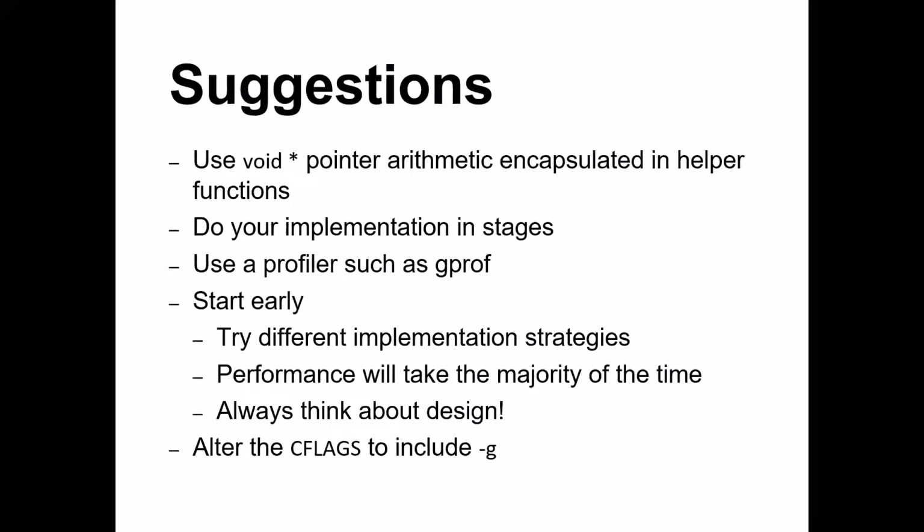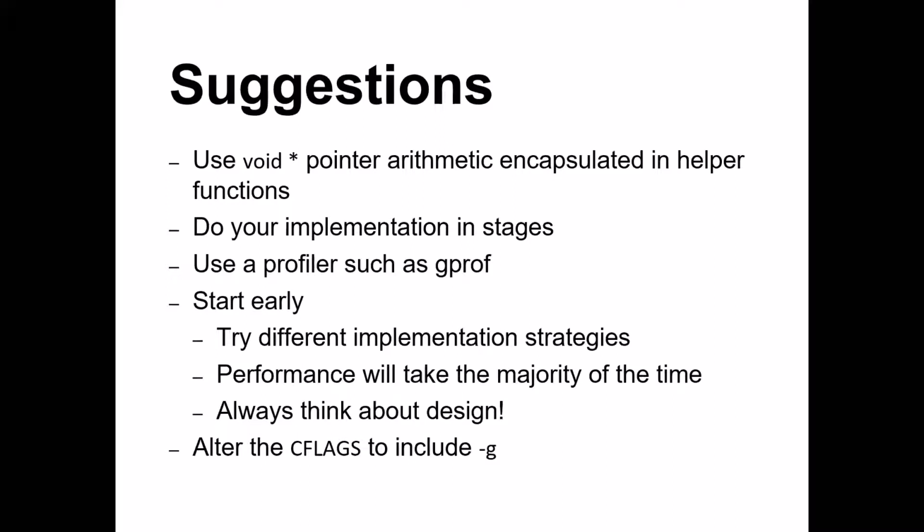Suggestions, yeah, use void star pointer arithmetic as I showed earlier, because it makes sure that when you're adding, you're only adding by 1, so it gives you a little more flexibility there. In terms of doing your implementation in stages, the first thing you should do is not think about any performance or utility scores. Just make sure that your malloc and your realloc and your free functions actually do work.